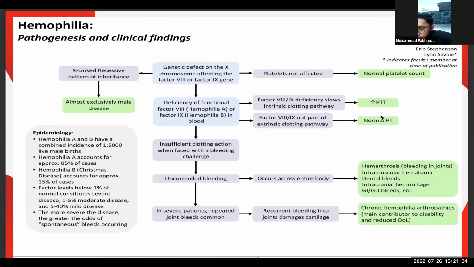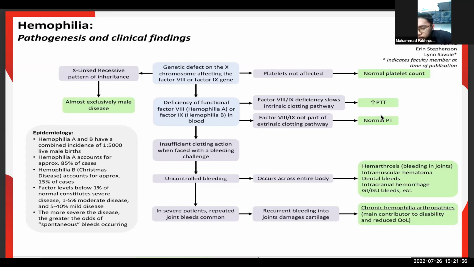And the PT will be normal because hemophilia does not involve the extrinsic pathway, and PT is a test to assess the integrity of the extrinsic and common pathway.